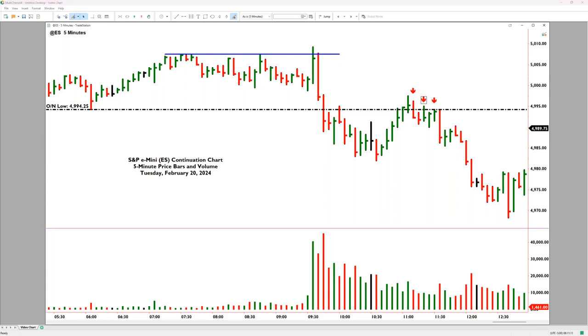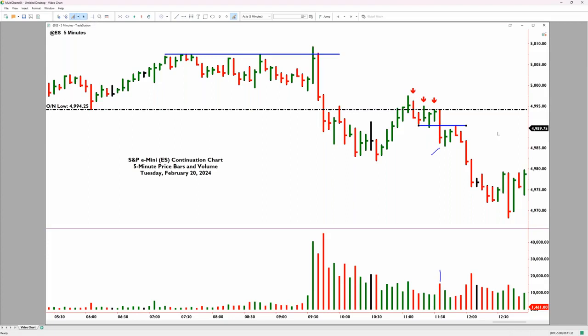Now, what happens next? We see the market drop through and we pick up volume to the downside. Very bearish, right? Very bearish. And then we can draw a trend line in here along the lows of the prior support.